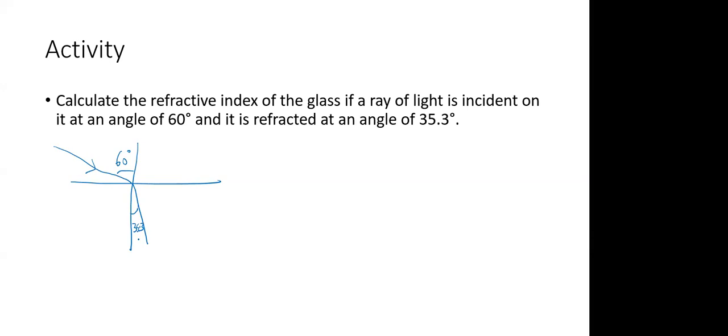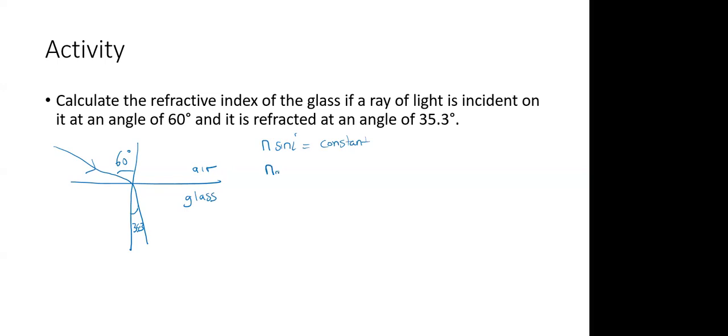Second, when they tell you the refractive index of glass, what has to come into your mind? Refractive index means light is moving from air into another medium, which is glass. So I expect you to say that n sine i is equal to a constant. Here we have our air, and this is the glass material where light is entering.